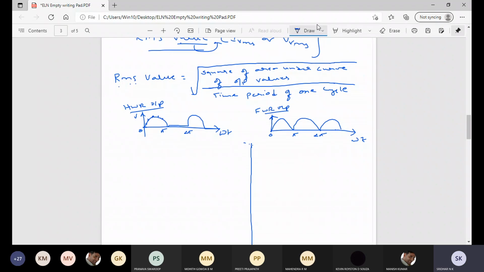We'll start by finding current first, that is the RMS current for half wave rectifier. It is called IRMS.